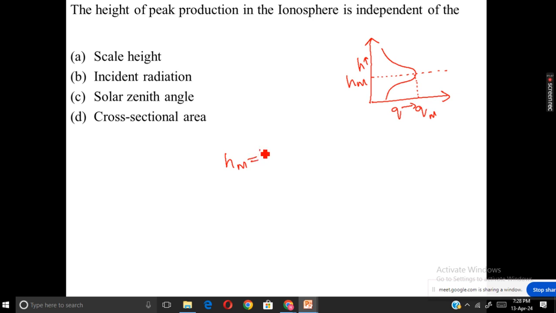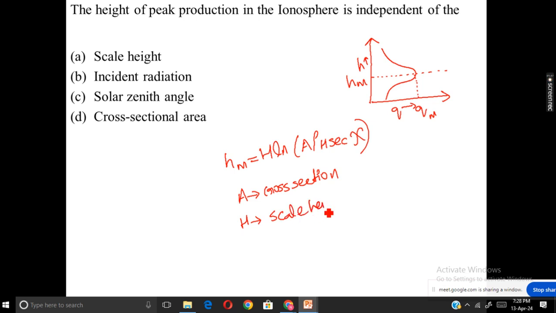So we have already learned Hm is equal to H log of A rho H sec chi, where A is the cross section, H is the scale height, chi is the solar zenith angle, and Hm is the height at which peak production is occurring.